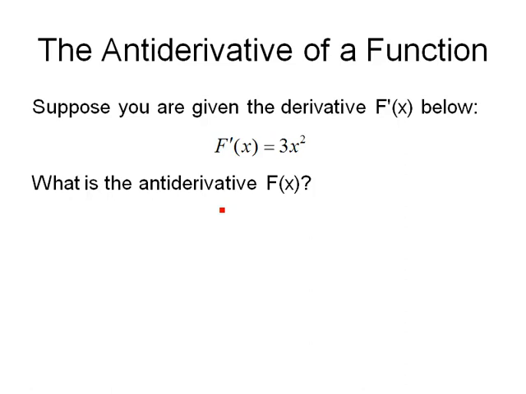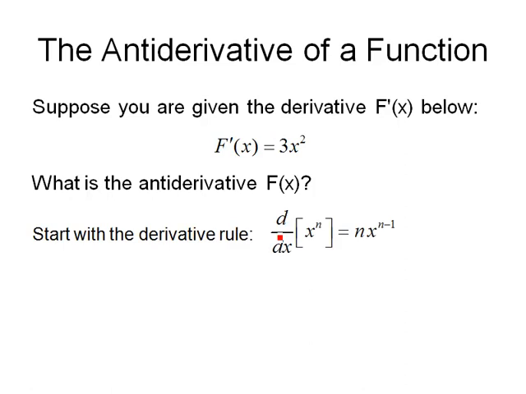Well, I think most of you probably know right away, having done enough derivatives, that we have the power rule, which says the derivative of x to the n is n x to the n minus 1.